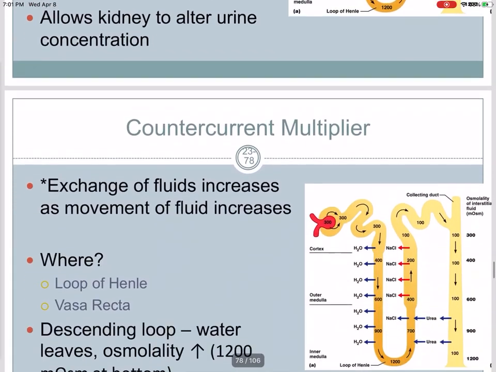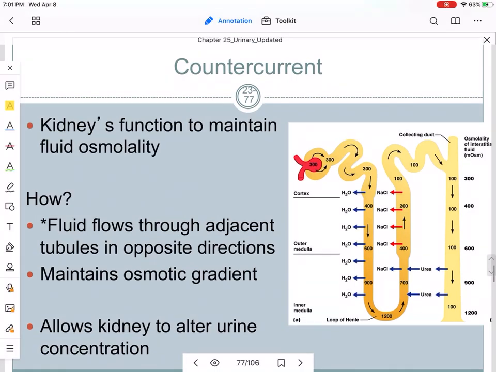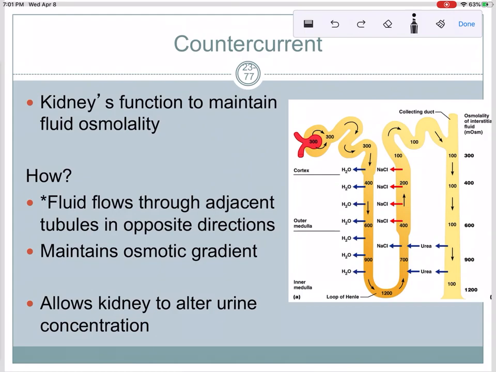Let me actually just see what the next slide has to say. Yeah, this can get pretty tricky, so let's try and simplify it. If I was going to define the countercurrent, how can we define it simply? I would probably say ability of the loop of Henle.